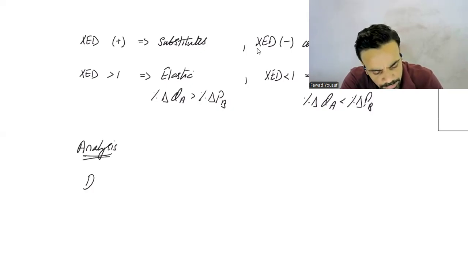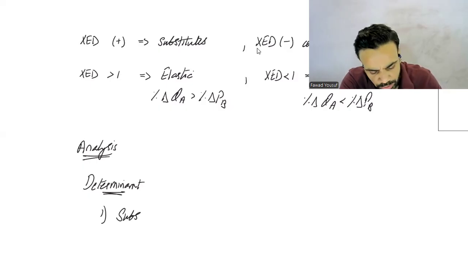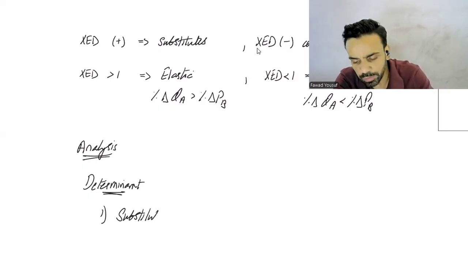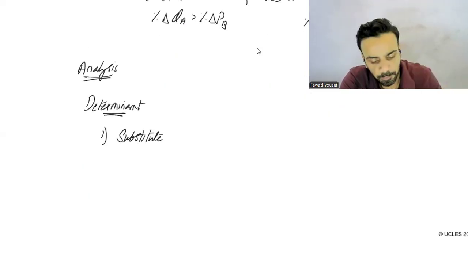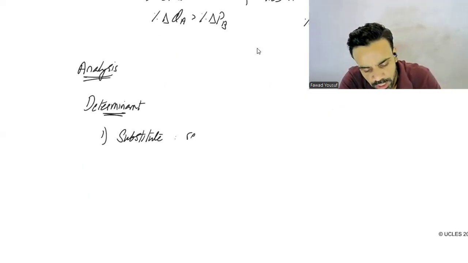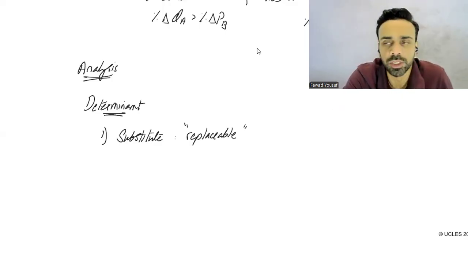Okay, one of the determinants I would say if the good is substitute. अब मैंने जब mention किया है substitute है, तो I must also mention what do I mean by the two goods are substitutes. Substitute goods are replaceable goods. I would like this term to be used, not anything else like alternative, other option, good that can be used instead of this.